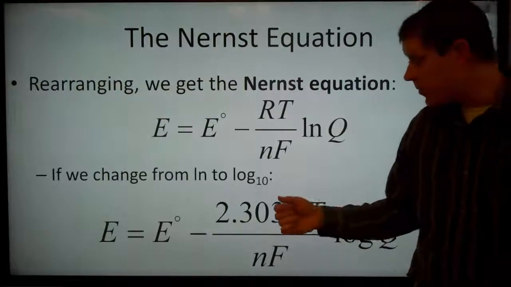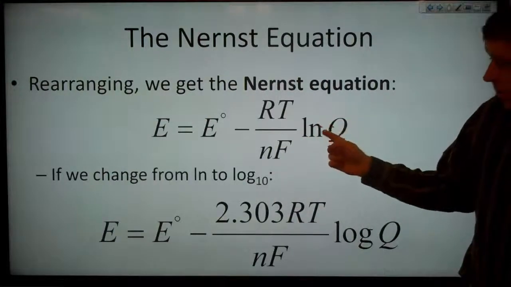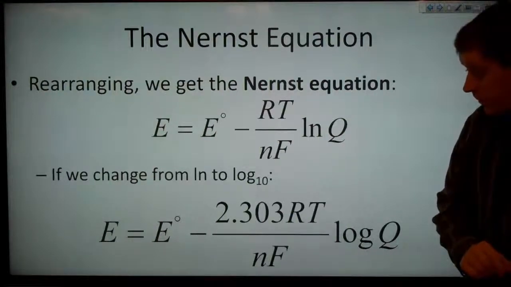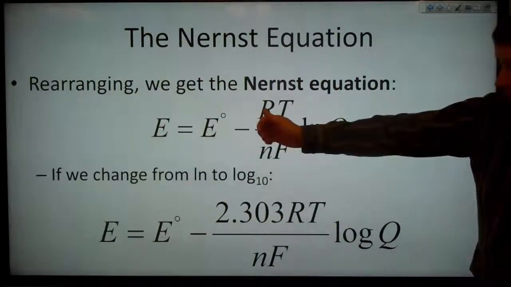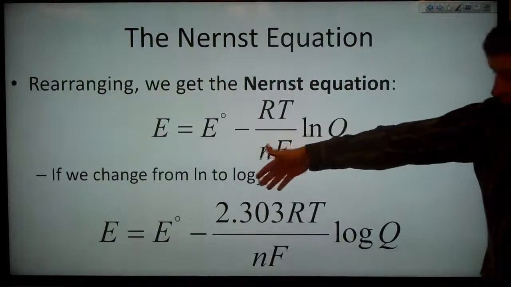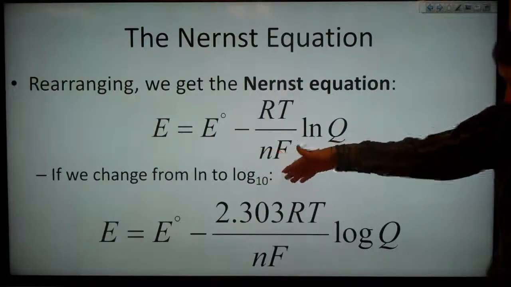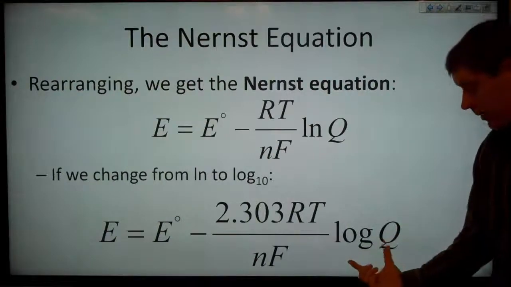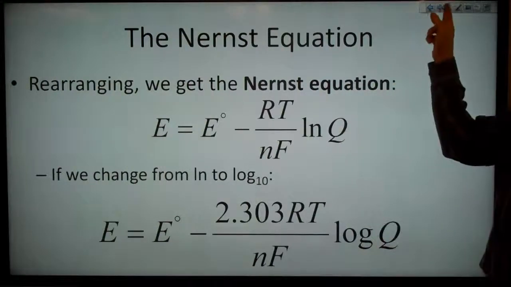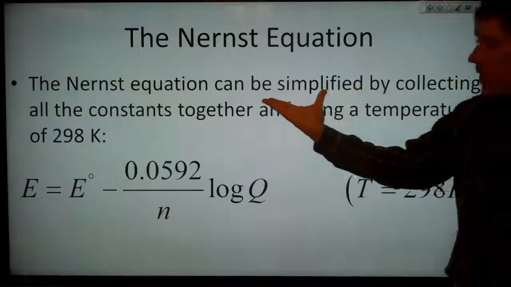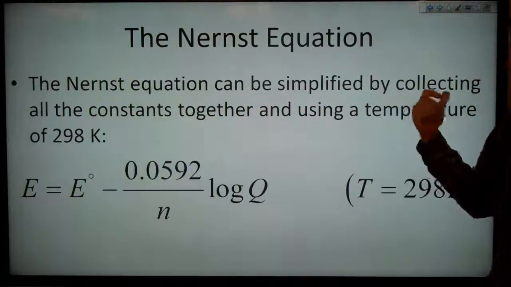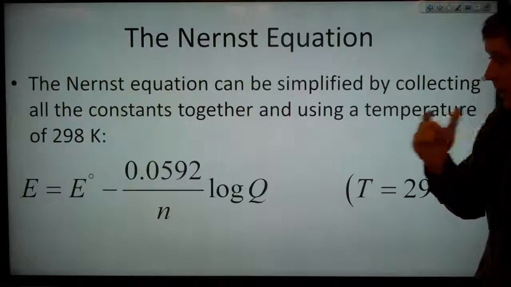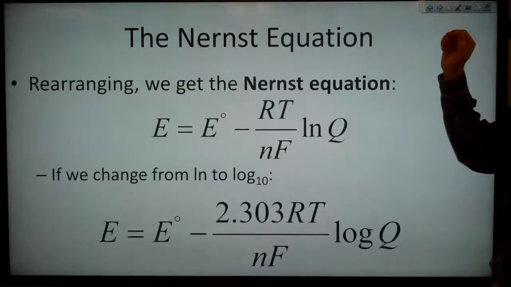And if we change from natural log to log base 10, then we get E is equal to E naught minus 2.303 times R times T over nF times log of Q. And then the Nernst equation can be simplified by collecting all of our constants together and using the temperature of 298 K, because we look on the last slide there.